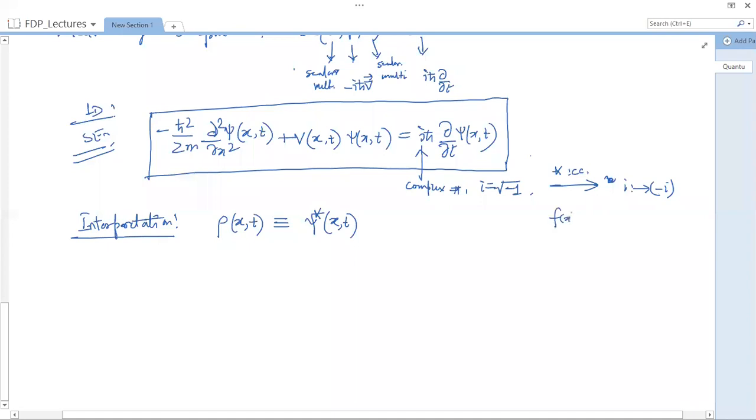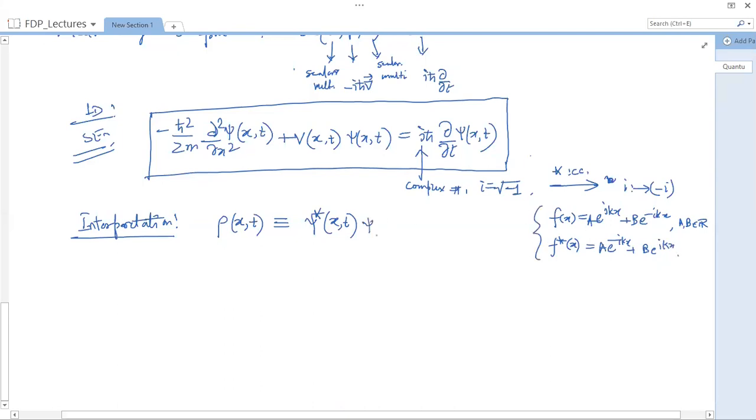So if my function, for example, looks like a e to the power I kx plus b e to the power minus I kx, and if a and b are real, the complex conjugate will be a e to the power minus I kx plus b e to the power plus I kx. So that's the complex conjugate function.